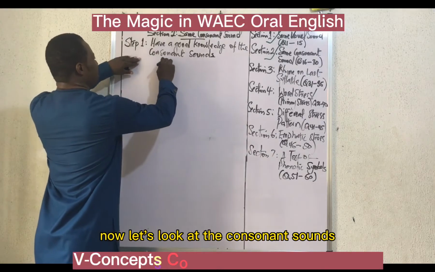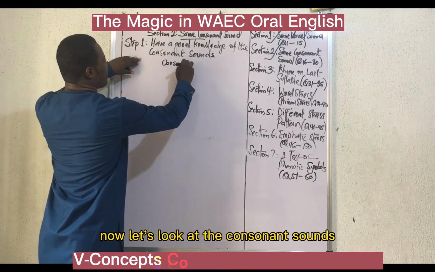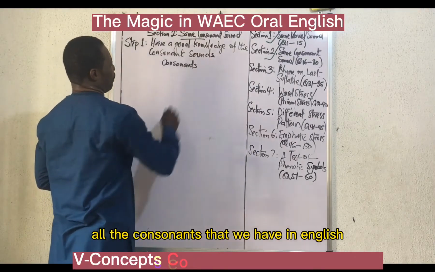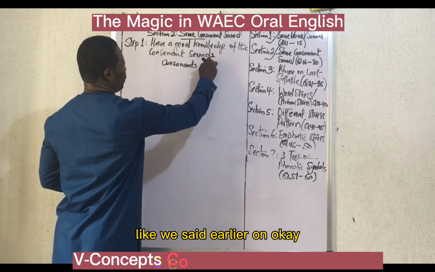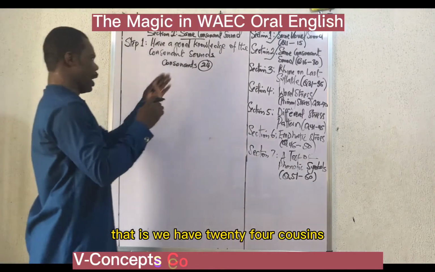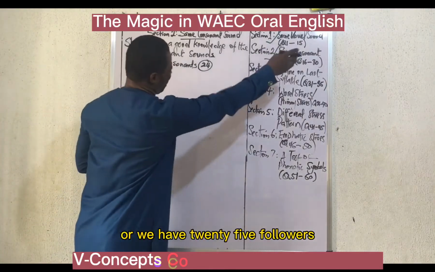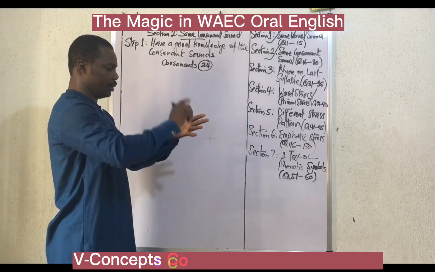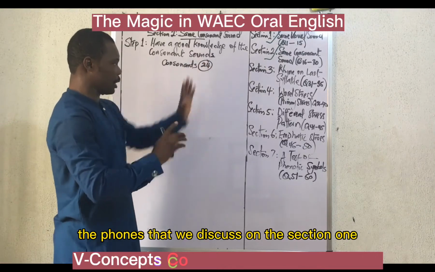All the consonants that we have in English are 24, like we said earlier on. We have 24 consonants, but we have 25 vowels. And the vowels are classified into 3: monophthongs, diphthongs, and triphthongs, like we discussed under section 1.